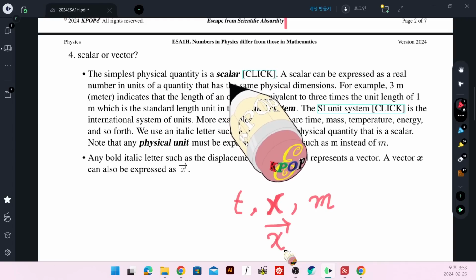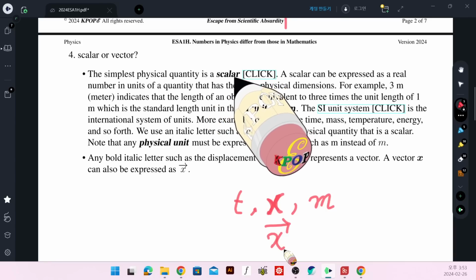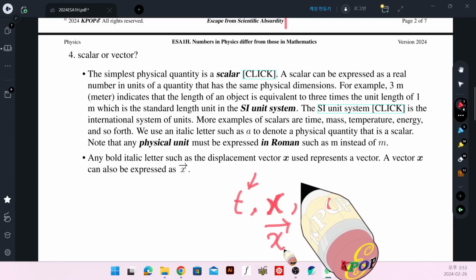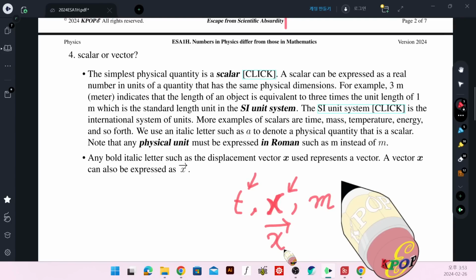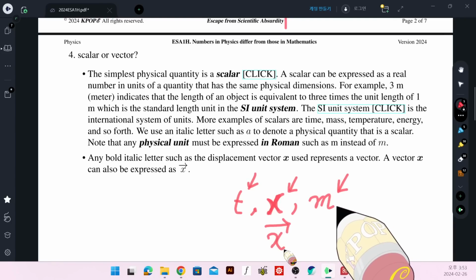Any scalar, for example, in mathematics, real numbers, they are scalars. In physics, there are various scalars. Time, position, mass, all of them can be expressed as a real number in units of a physical quantity.